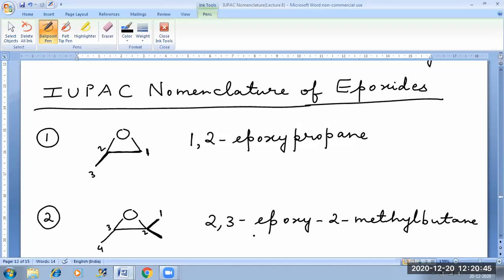So butane will be the suffix. At the second position, you see this group attached, which is methyl. Right? This is methyl. So it is a substituent. So 2,3-epoxy-2-methylbutane.